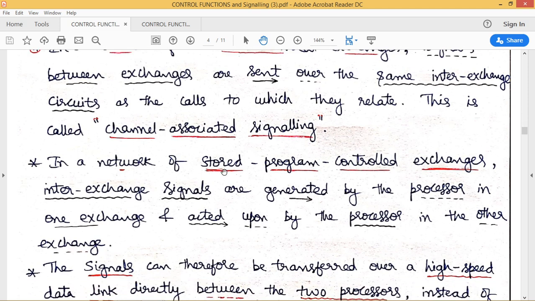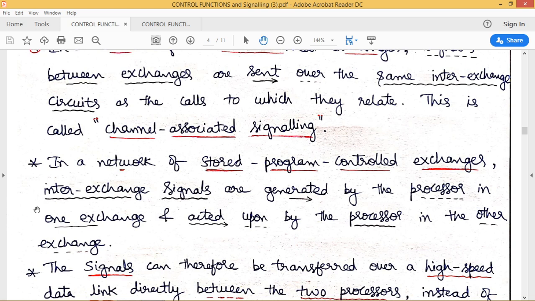Similarly, in the case of stored program control exchanges, inter-exchange signals, that is the control signals, are generated by the processor. There exists a processor in each switching system; signals are generated in one exchange and acted upon by the processor in the other exchange. The signals generated in, let us say, a tandem exchange for the local exchange are generated by processors inside the tandem exchange.